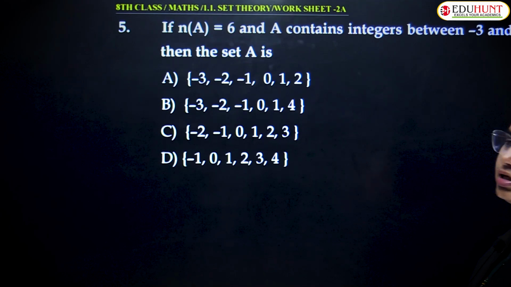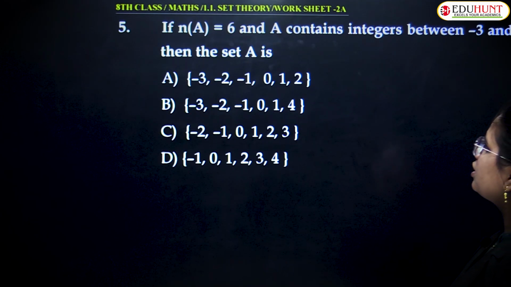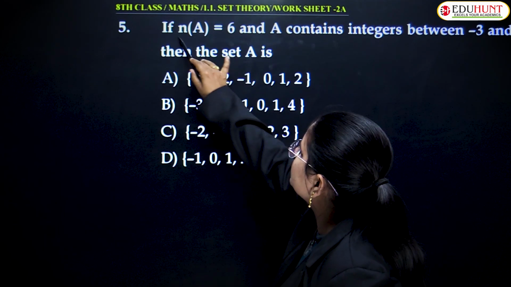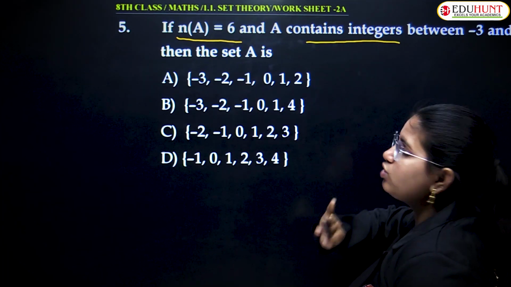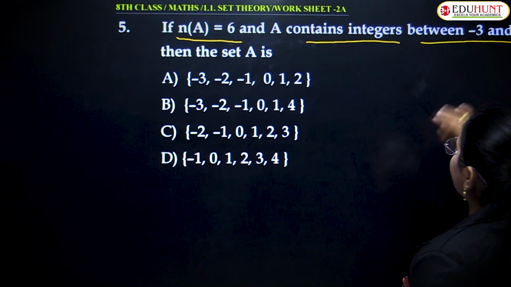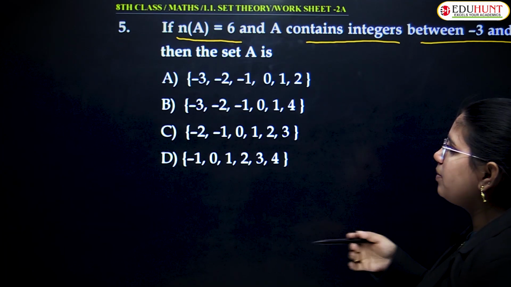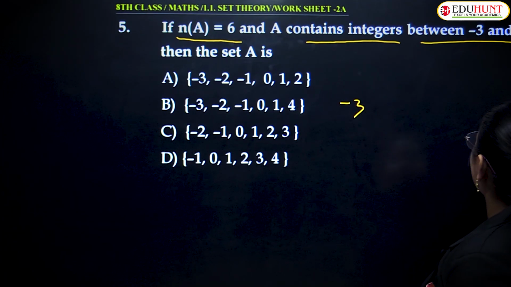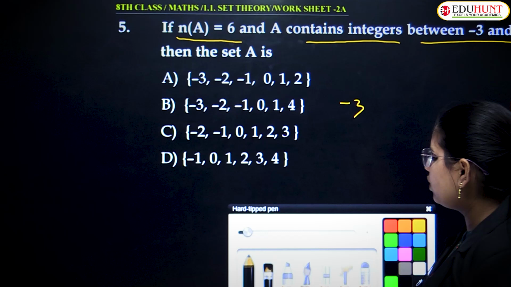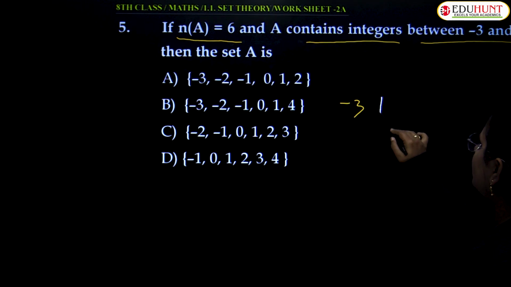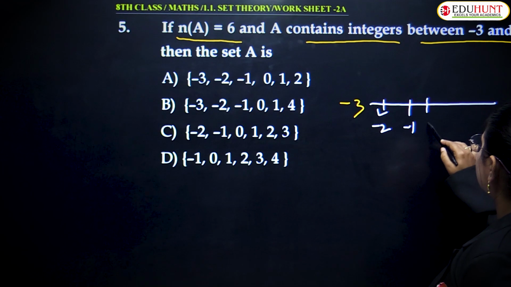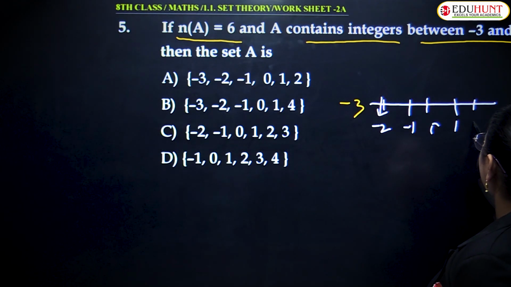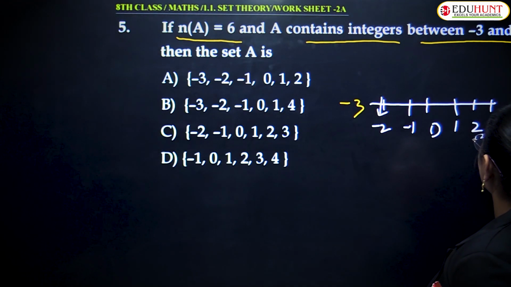Yeah. So what is my next question? If n of A is equal to 6, meaning the cardinality of set A is 6, and A contains integers between -3 and 4. So this is -3 and 4, right? What integers lie between them? -2, -1, 0, 1, 2, 3.